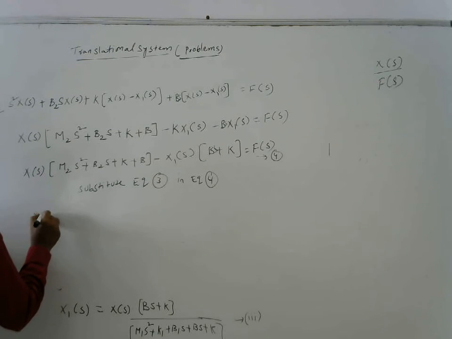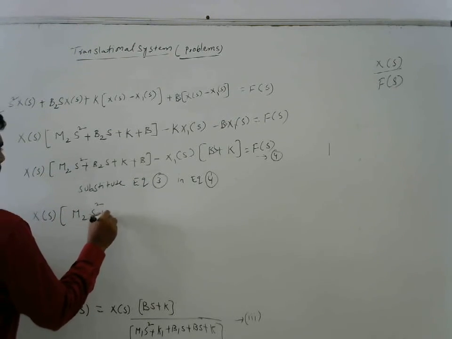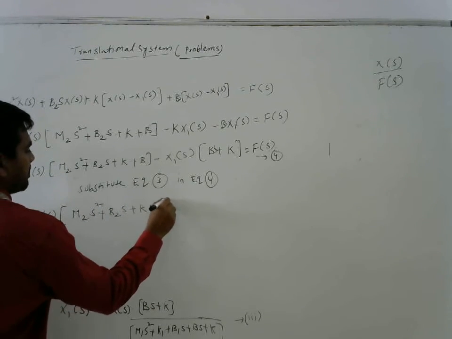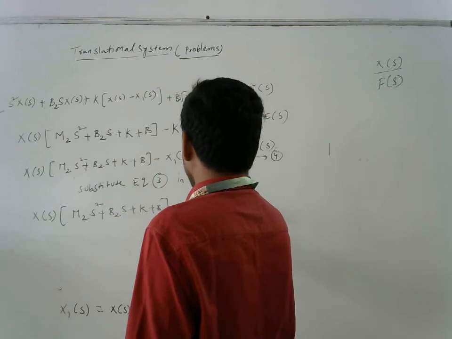That means you are getting x of s into m2 s square plus b2s plus k plus b minus x1 of s. What is the value of x1 of s?